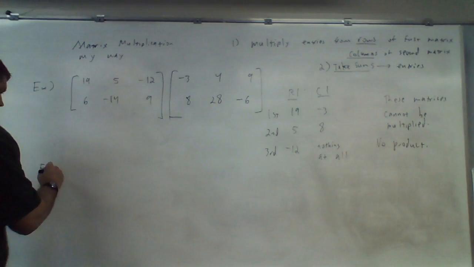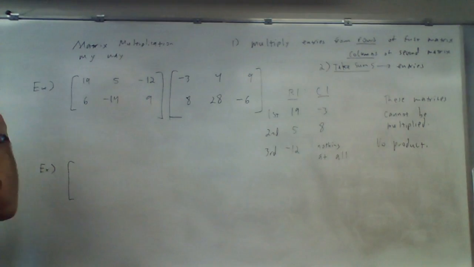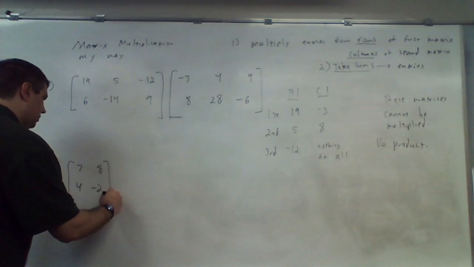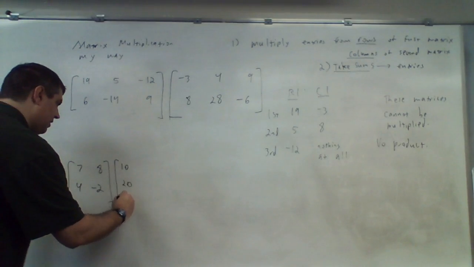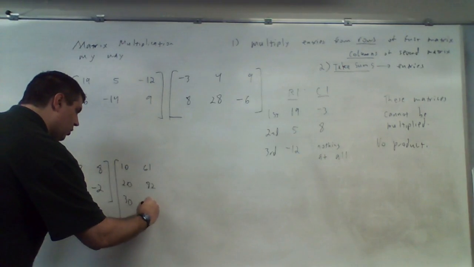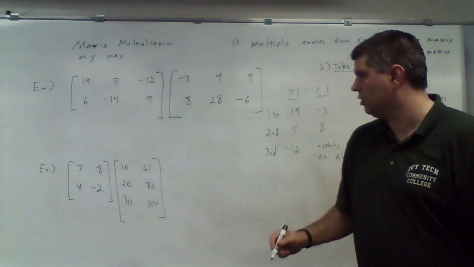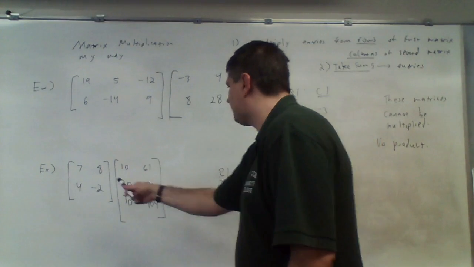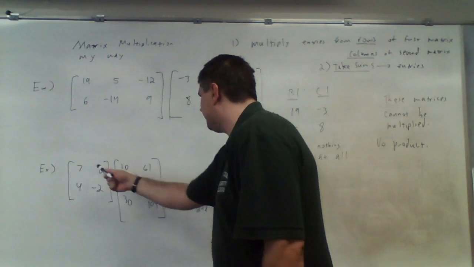Let's see. 7, 8, 4, negative 2, and 10, 20, 30, 61, 82, 104. Okay? We'll start with row 1 by column 1. First entry, second entry. So that'll be 7 and 8.